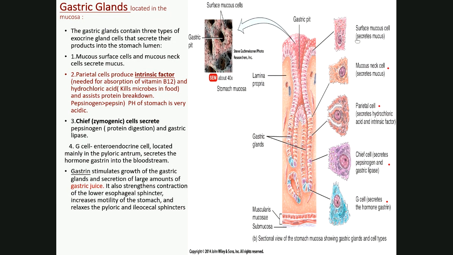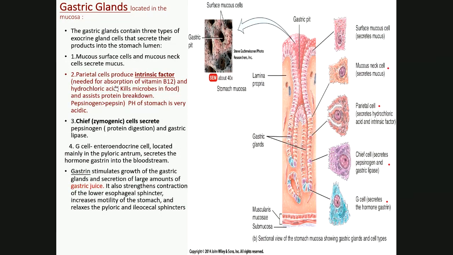The first are the mucus neck cells. They secrete mucus, which is important as a protective covering along the stomach mucosa from some of these digestive enzymes, particularly the hydrochloric acid.